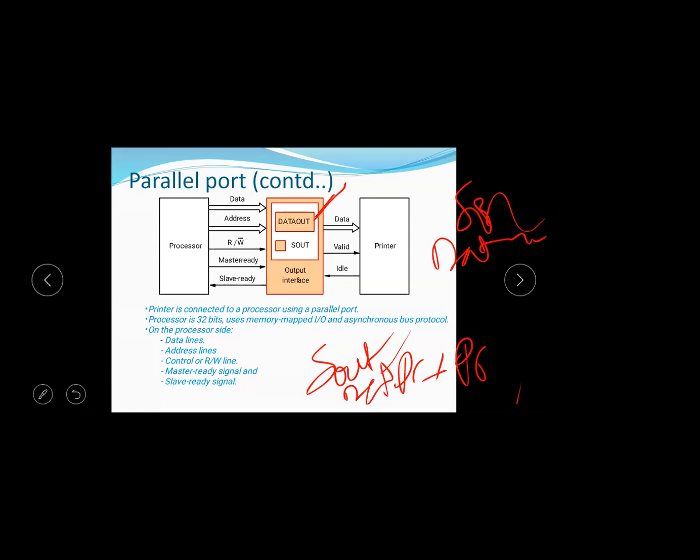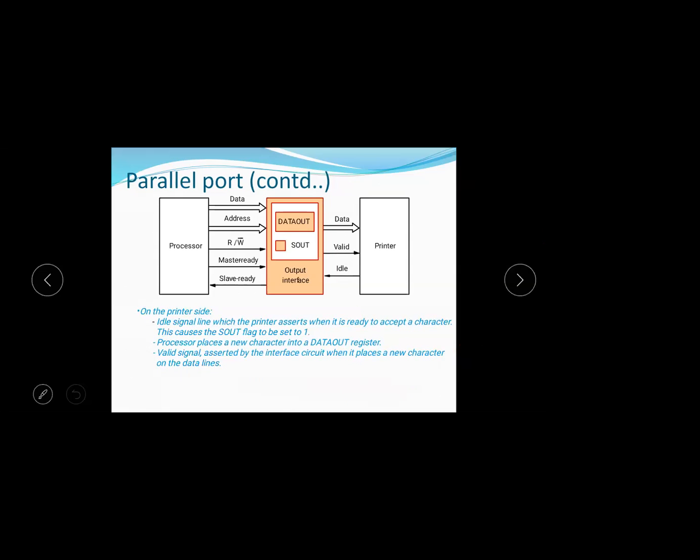The operation on the printer side: the idle signal line will be asserted by the printer when it is ready to accept the character. This causes the SOUT flag to be set to 1. When the printer is idle and it has no work to perform, the printer is free. Then the printer says, I am idle, send me data to print, and it sends the idle signal.